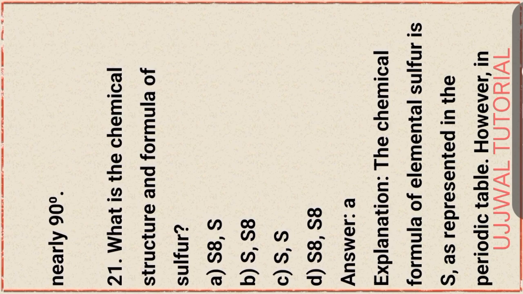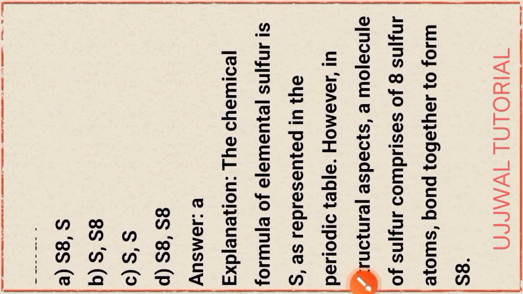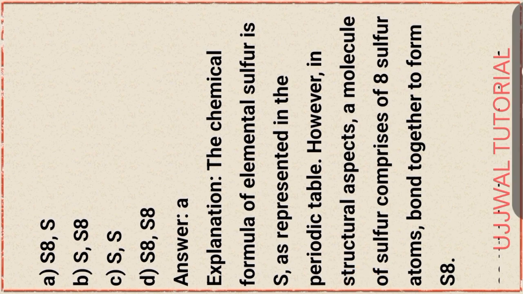Option A, that is S8 and S. Okay. To explain this part, the chemical formula of sulfur, S, is as represented in the periodic table. Whereas in structural aspect, a molecule of sulfur comprises 8 sulfur atoms bonded together to form S8.